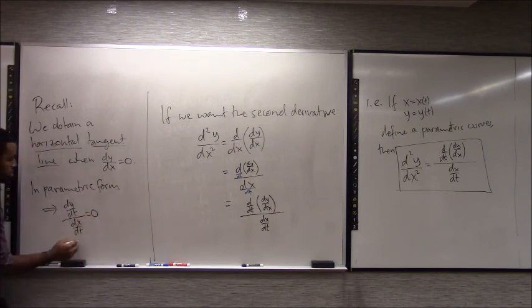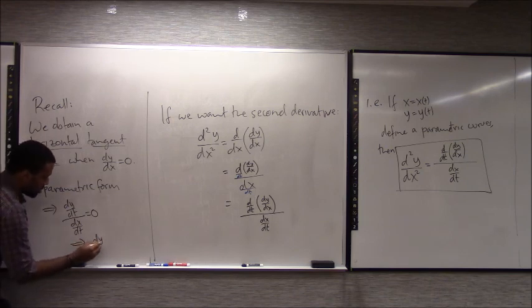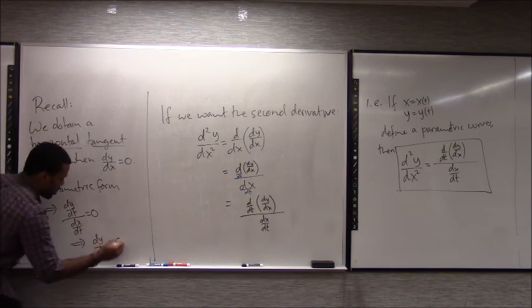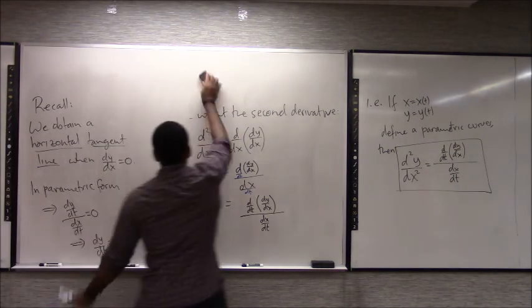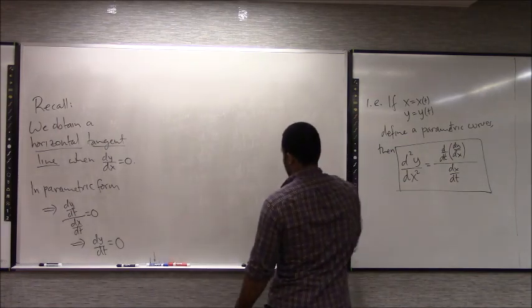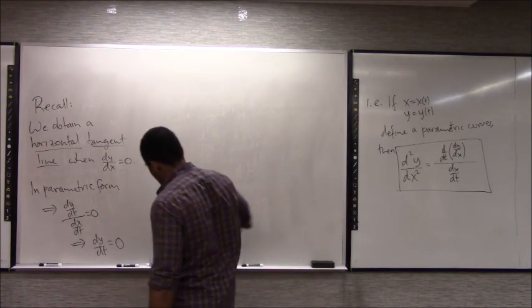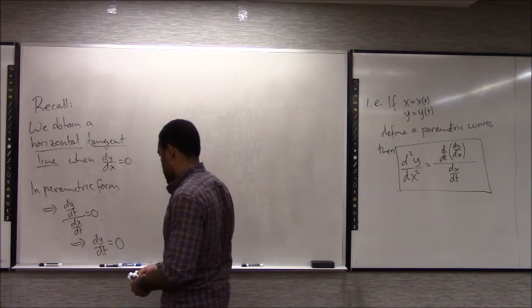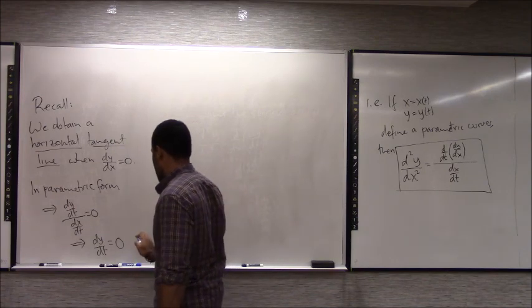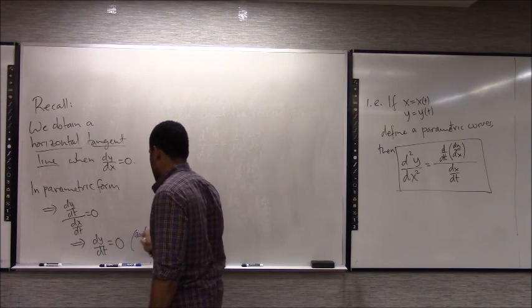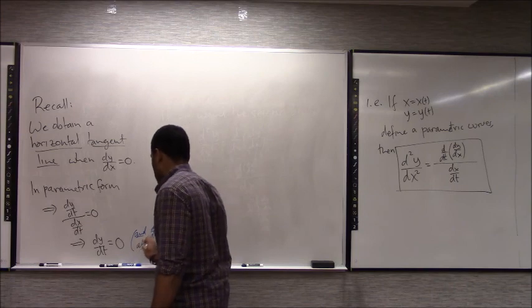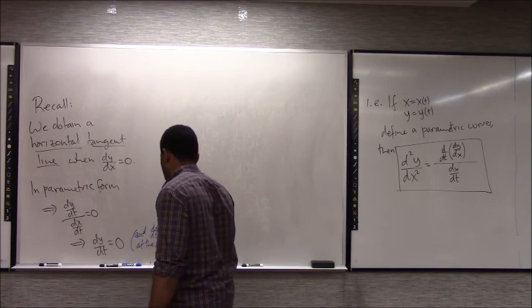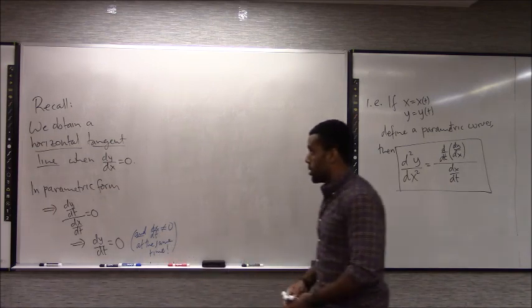Of course, for a fraction to be 0, the numerator has to be 0. This means your dy dt must be equal to 0 for the slope of the tangent line to be 0, and get a horizontal tangent line. And of course, because we're dividing by something, we want to make sure that we're not dividing by 0 itself. So, dx dt not equal to 0 at the same time.